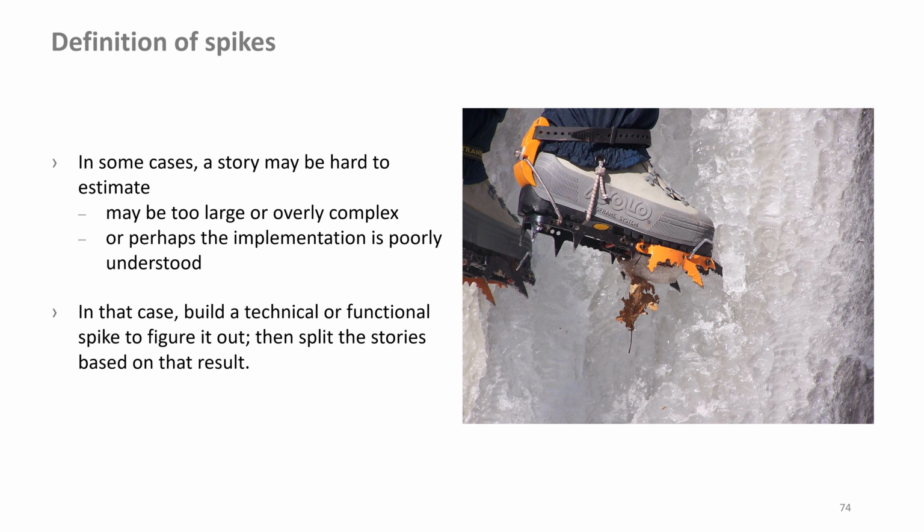If the team values a spike at 4 hours, then only 4 hours may be spent on research or development. Prototypes, proofs of concept, and wireframes all fall under the classification of spikes.